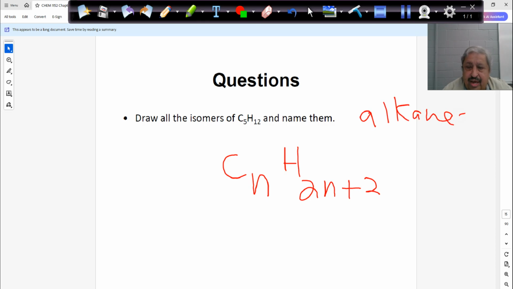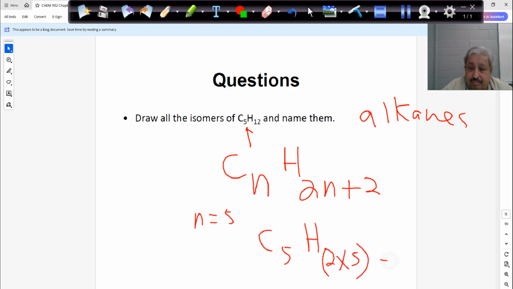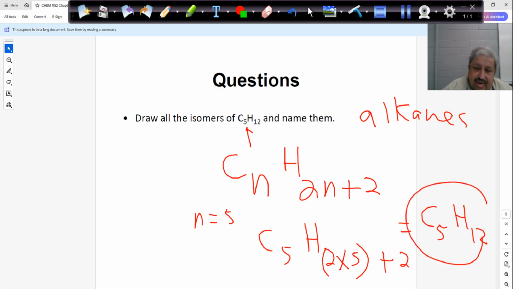Now let's see, if we have n is 5 here, correct? So C5, H 2 multiplied by 5 plus 2. So this one here, C5H12. This is an alkane.